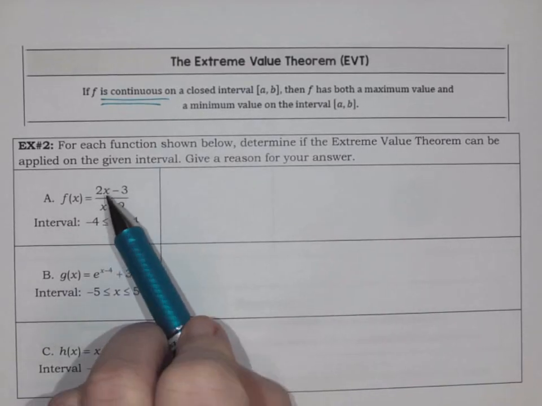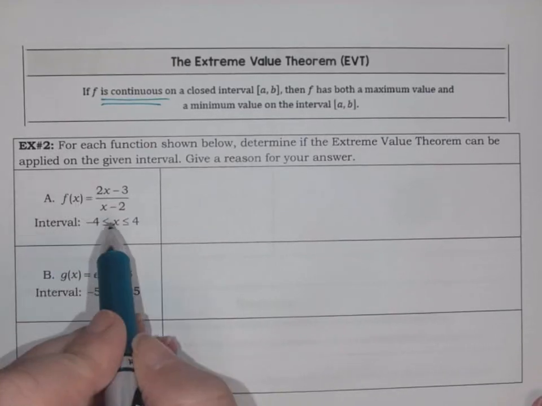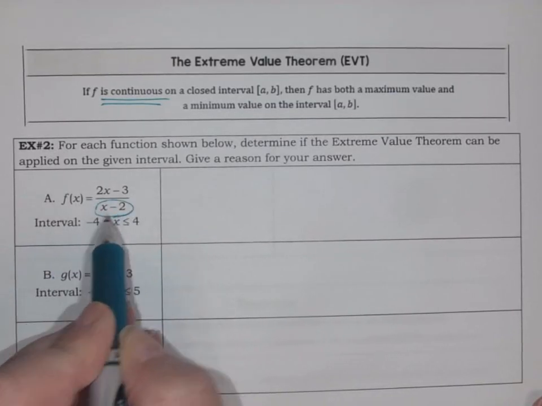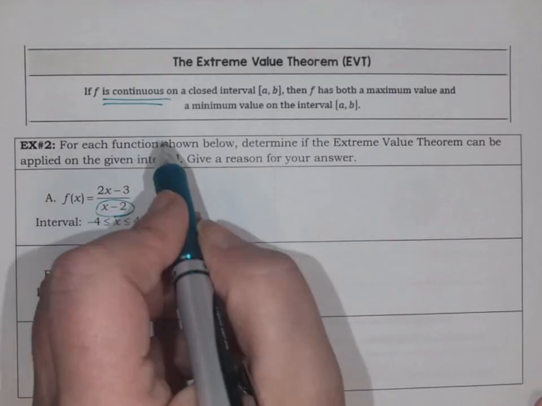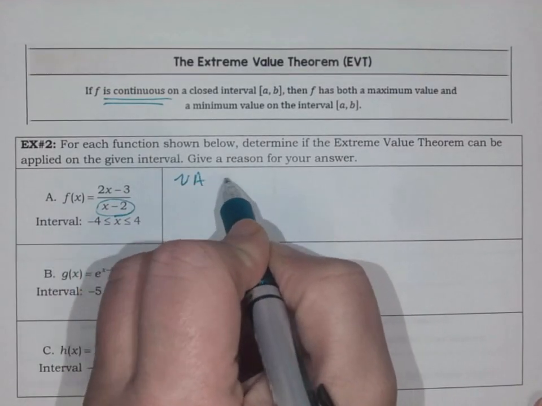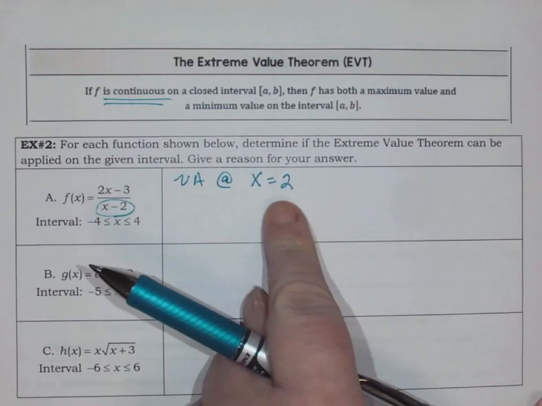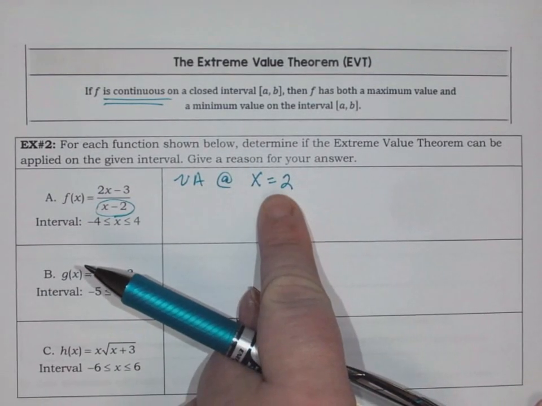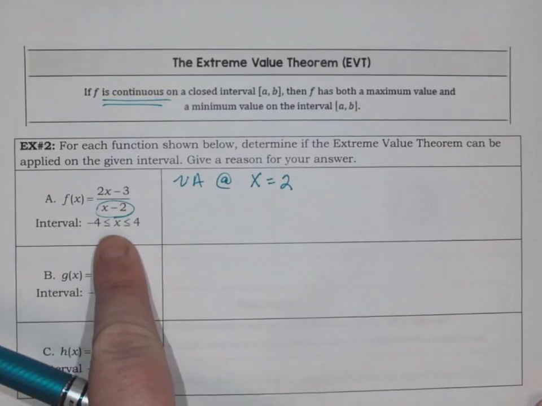So if we look at the function 2x minus 3 over x minus 2, since it's got a variable in the denominator, it has a vertical asymptote. So we've got a vertical asymptote at x equals 2. Now, as long as that 2 is not in the interval, then we're okay. The problem is it's in the interval that we're given.